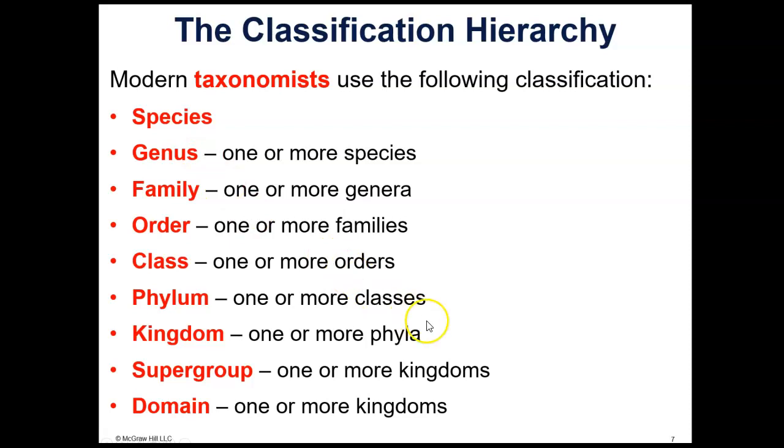Now, you may have learned starting with kingdom, phylum, class, order, family, genus, species, and a sentence to help you remember that, such as King Philip's cousin ordered five great steaks. But we also need to now add domain and supergroup.